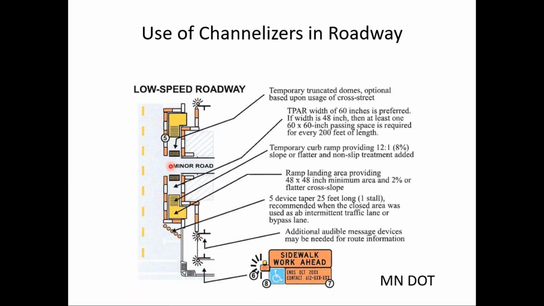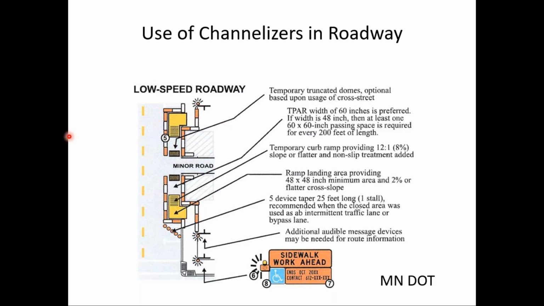So we use detectable warnings on both sides of that alley to let the visually impaired pedestrians know they are crossing a vehicular way. And then they continue and go back up onto the sidewalk and then continue on their way. And the point is, notice again, on both sides of this pedestrian path, we use the pedestrian channelizers because it's a low speed situation.